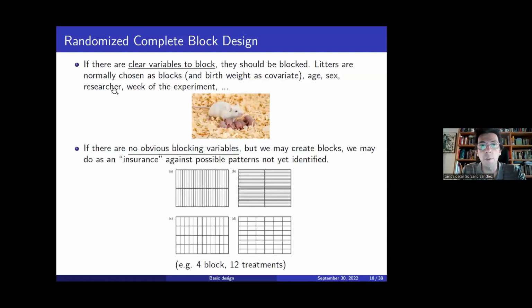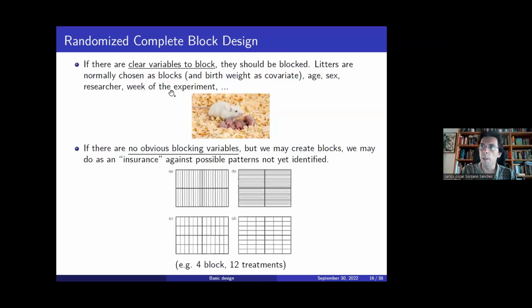The researcher doing the experiment: not every researcher works in the same way. If all the controls are done by one person and all the treatments by a different person, maybe the differences are not because of control versus treatment, but because of the person who did the experiment. So researchers are also typically blocked.